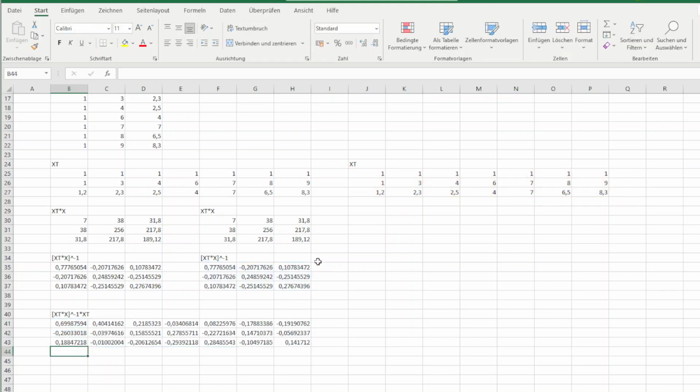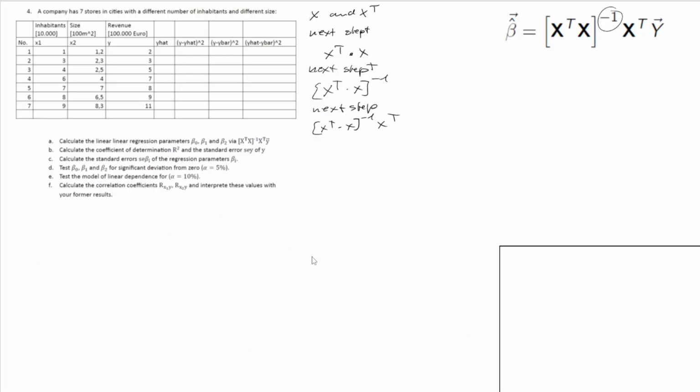And the last step is we have to multiply this with the output vector y. So this has to be calculated, multiplied with y. And the last step is xt x minus 1 xt times y.